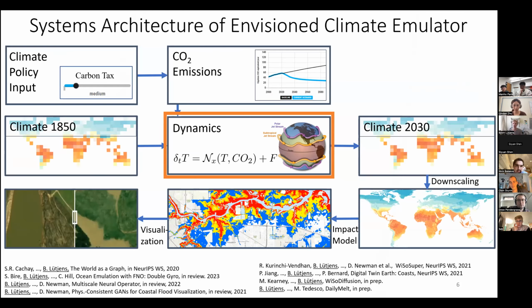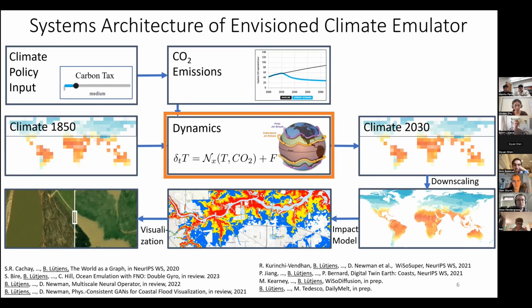To disentangle such an emulator, there are a lot of steps that the emulator has to take along the way. What we've seen here are these sliders. These sliders define climate policies. The climate policies feed into an energy policy model or an integrated assessment model that spits out CO2 emission trajectories over time. The CO2, or methane, sulfur dioxide, black carbon trajectories over time are fed into Earth system models that integrate the dynamics at a low resolution, 50 to 100 kilometers, over time.